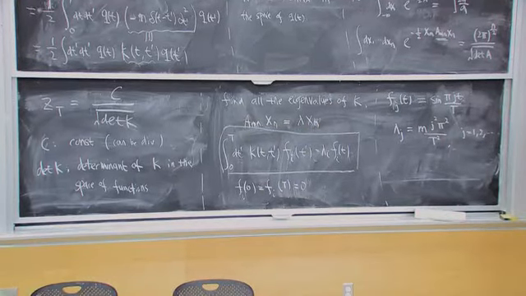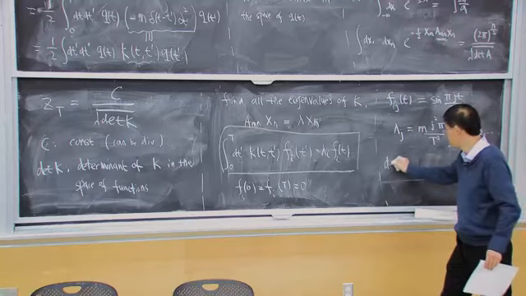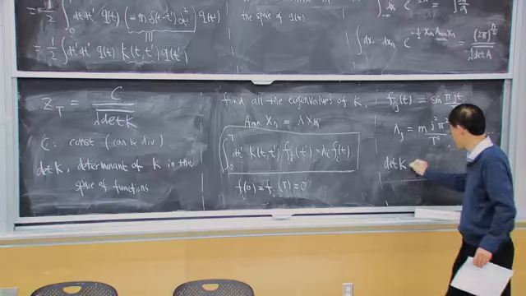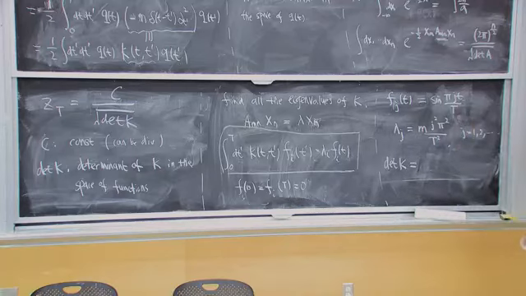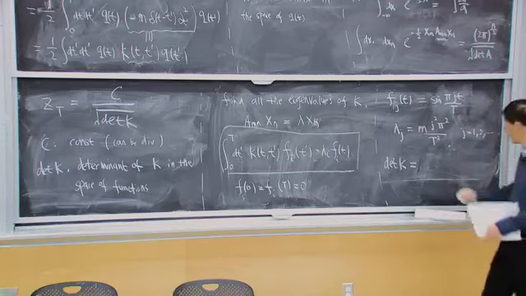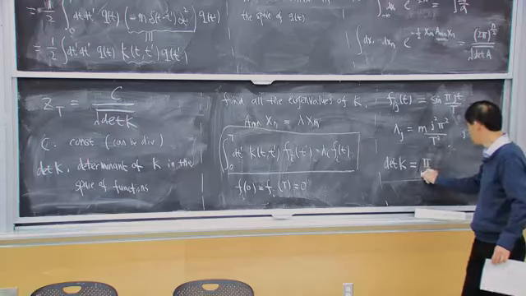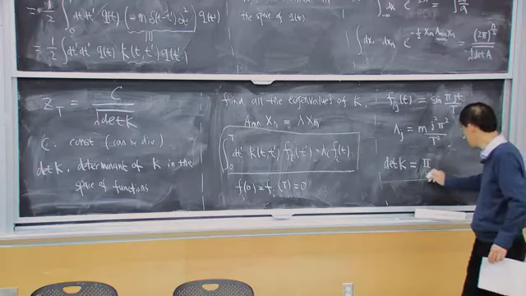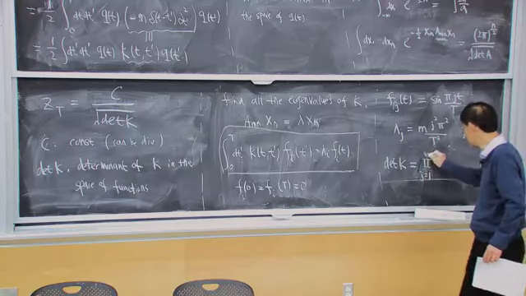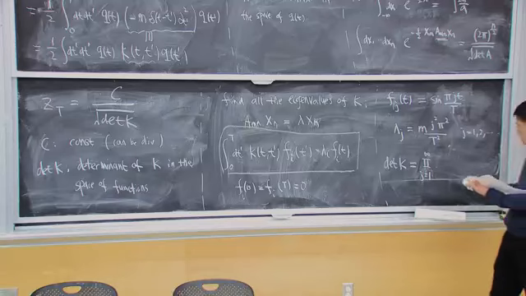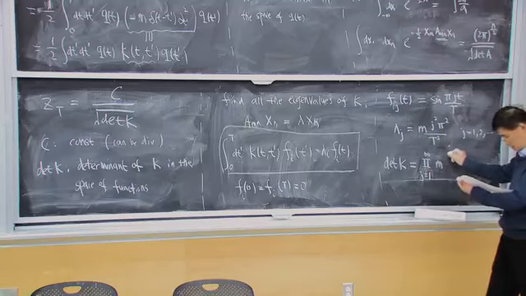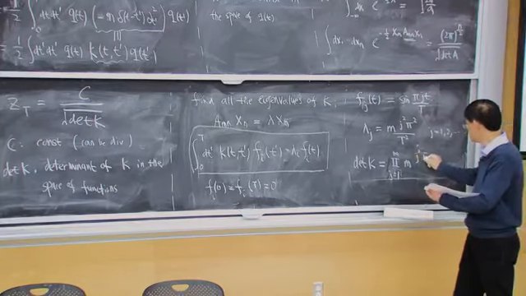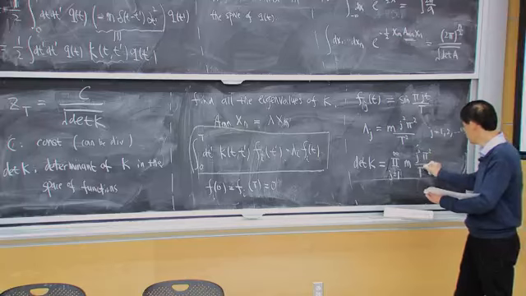So now we can find the determinant of k. This is given by the product over j equal to 1 to infinity of m j squared pi squared divided by T squared.